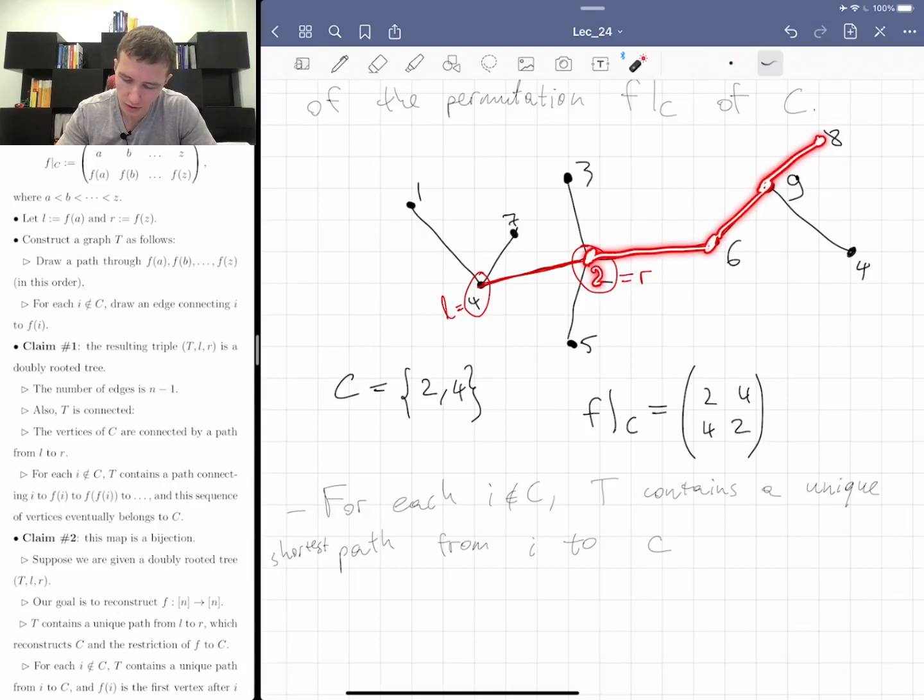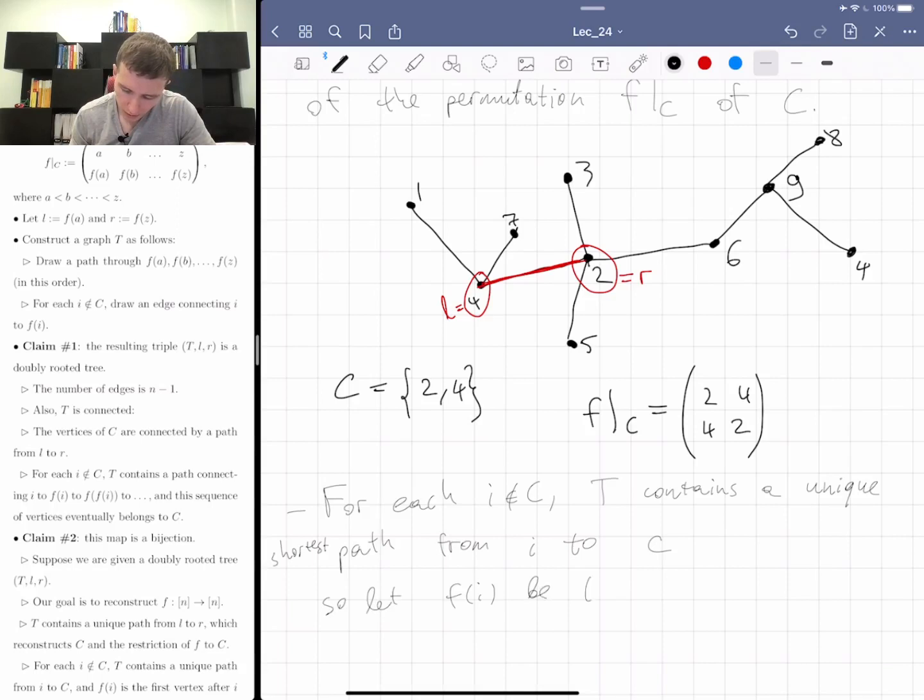I terminate at 2 because I have to terminate at the vertex of C without using any other vertex of C. So taking the unique shortest path from I to C, let f of I be the next vertex after I on this path. And that allows me to reconstruct the rest of f.